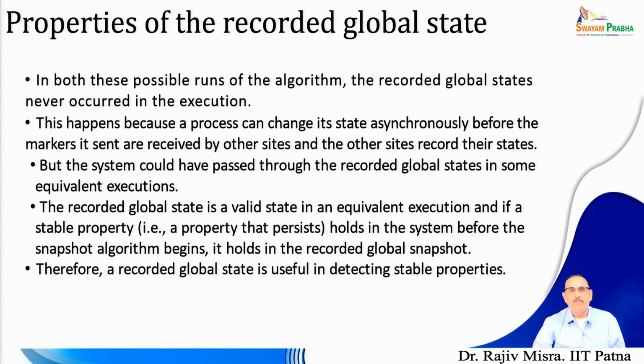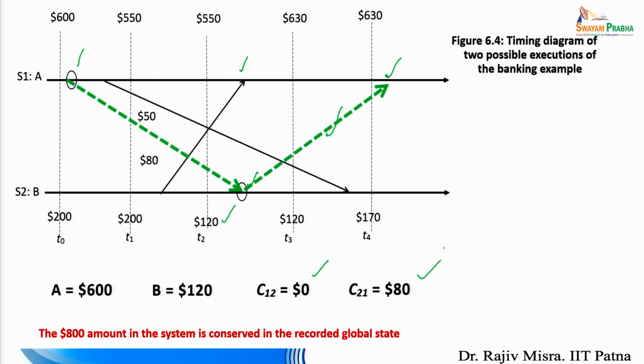But the system could have passed through the recorded state in some equivalent execution. So the recorded global state is a valid state in an equivalent execution, and if a stable property, that is, a property that persists, holds in the system before the snapshot begins, it holds in the recorded global snapshot. Therefore, the recorded global state is useful in detecting these kinds of scenarios.